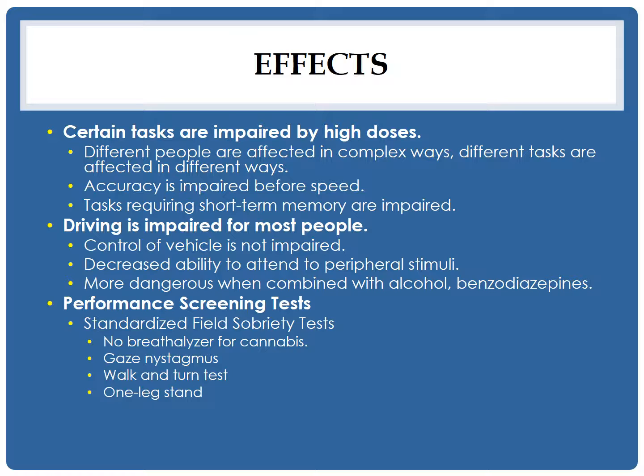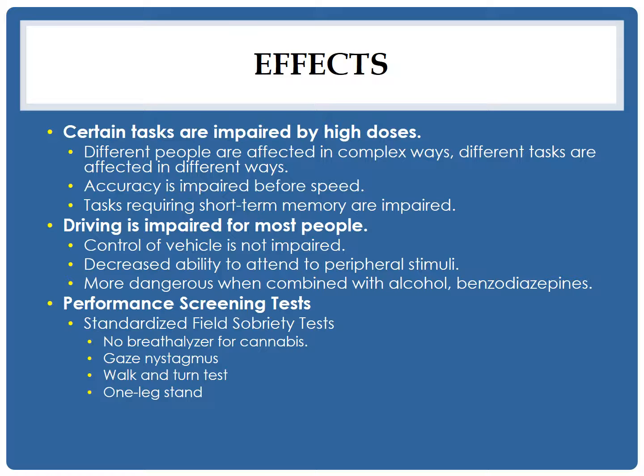There's certainly some tasks that are impaired by high doses of cannabinoids, but there's a lot of conflicting information on this, and the way that people are affected is complex. There's just huge variability between people depending on their experience with the drugs and with different tasks. So there's certainly some tasks that are impaired.